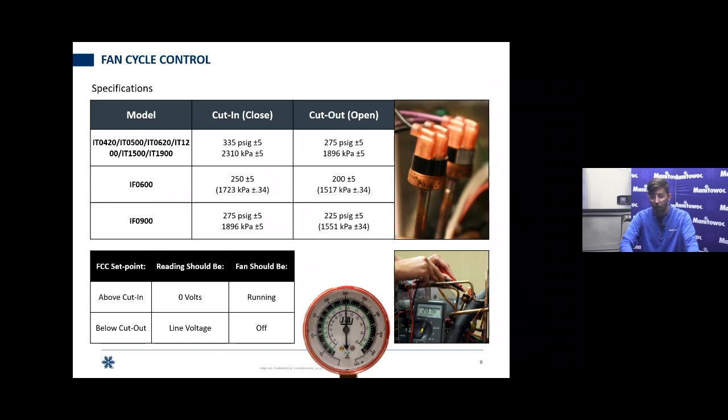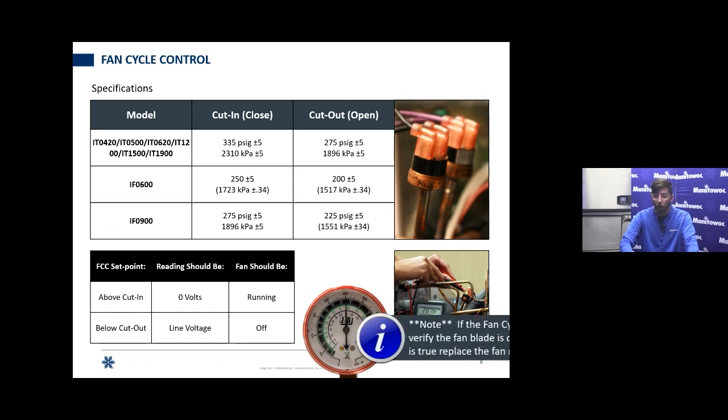Well, if that system continues to get hot or continues to shut down, and you're reading line voltage, and the fan never comes on, at that point, we're going to need to see what pressure is doing. So we put a gauge on that system, and you're above the cut-in. If you're reading line voltage, you've got a situation where the switch is not closing. But if you're reading 0 volts, that switch is closed and the fan motor should be running.